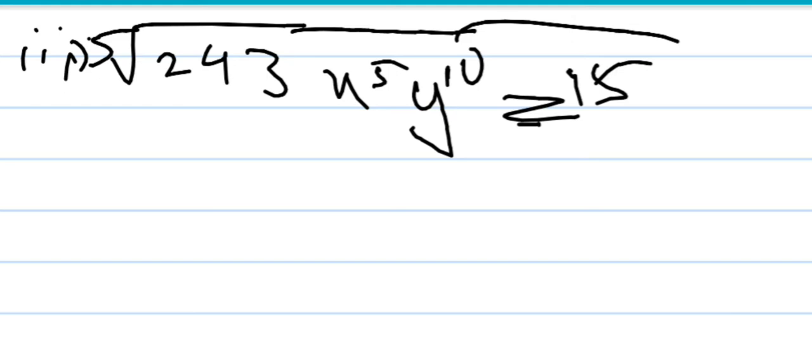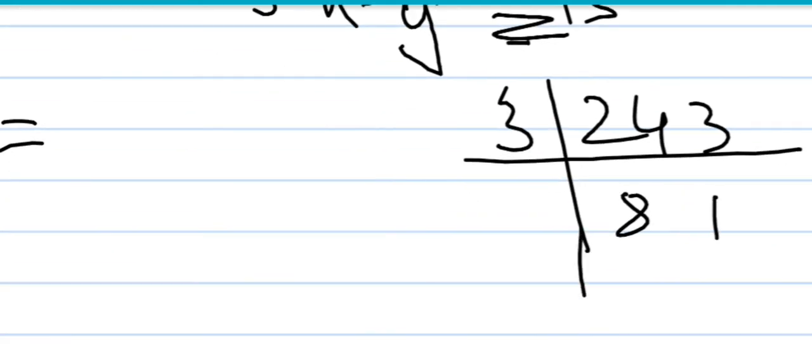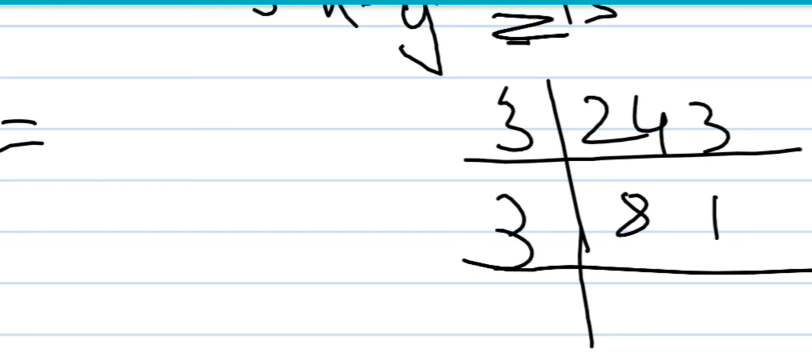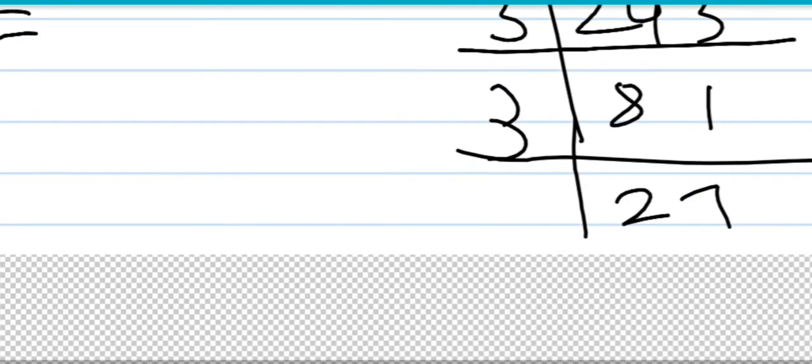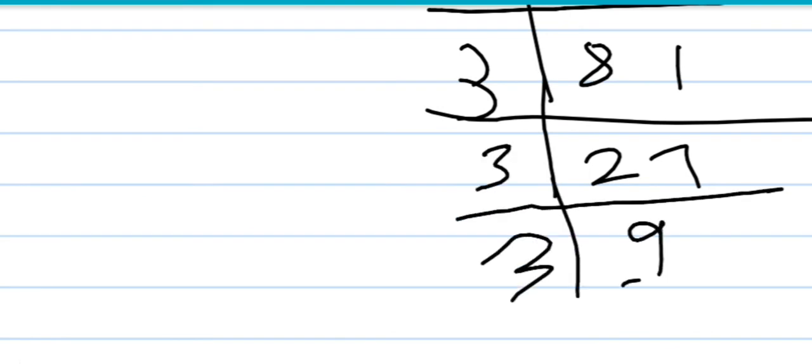So it is equal to, take 243 factors, 243 into 3, 3 8s are 24, and 3 1s are 81, 3 2s are 6, and 3 7s are, 3 9s are, 3 3s are, and 3 1s are.